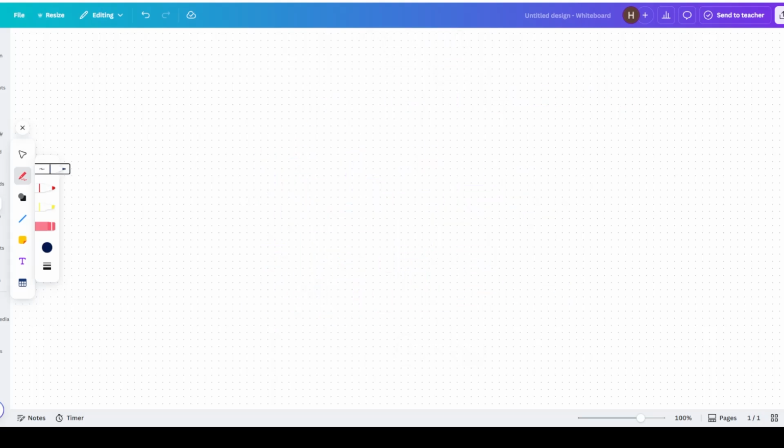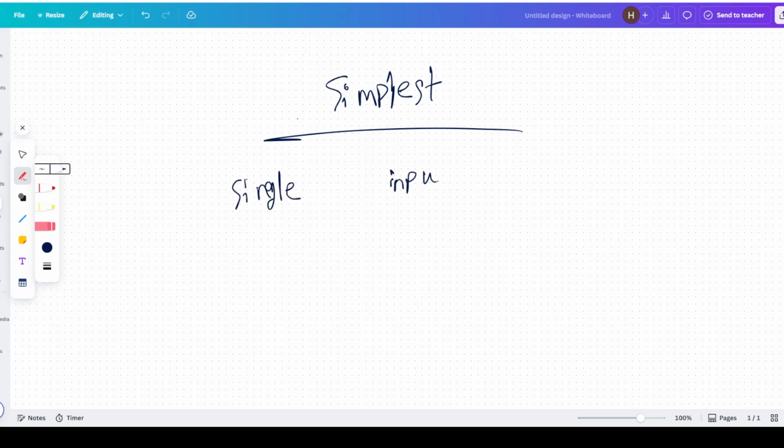So if we move on, at first, how do these things actually work? If I write the simplest case here, what we are going to learn is we will be having a single input and a single weight.